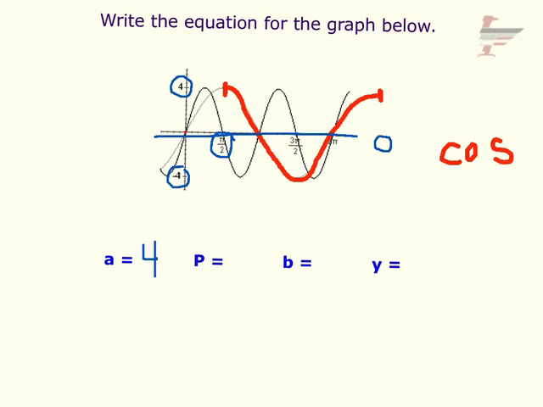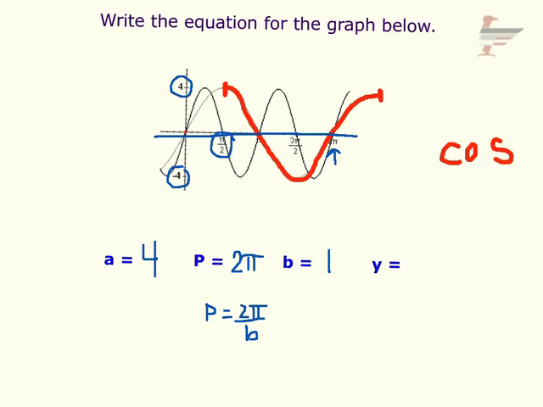This is 2 pi right here, and it's scaling by halves. So from pi halves to 2.5 pi would be a period of 2 pi. Remind yourself again, period is 2 pi divided by b. So if my period is 2 pi, b has to be 1.